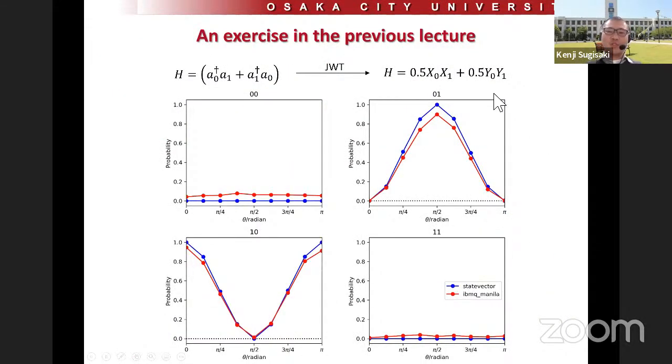Actually, this Hamiltonian was derived by applying a Jordan-Wigner transformation to the Hamiltonian in the quantum chemical form. This corresponds to the Rabi oscillation between the ground and an excited state in a 1 electron system.